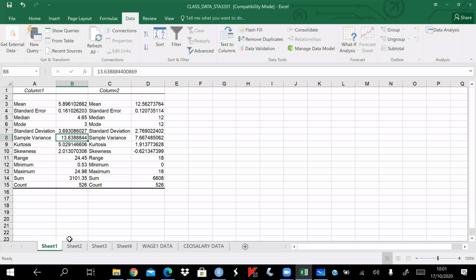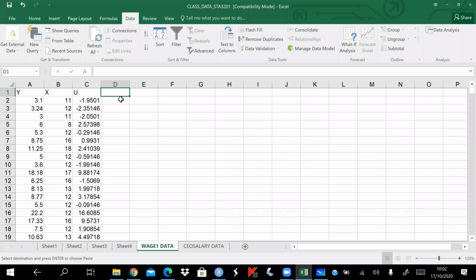So when we talk about the total sum of squares, if you come here, you say y minus y bar, equals this value minus this number here.